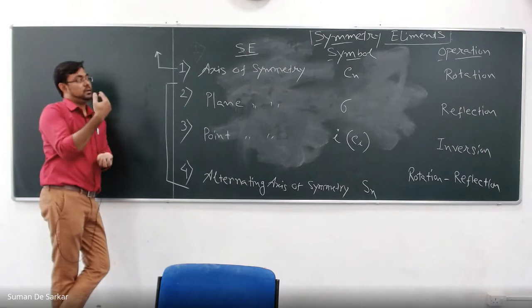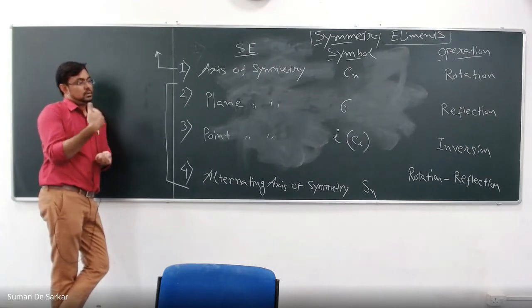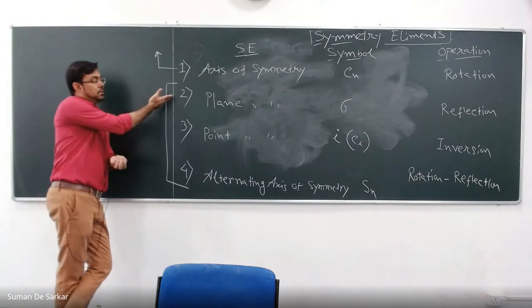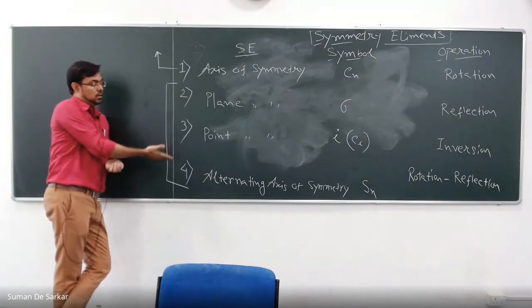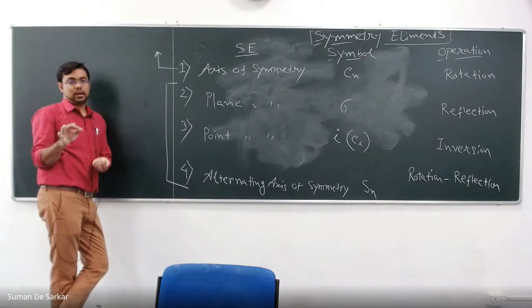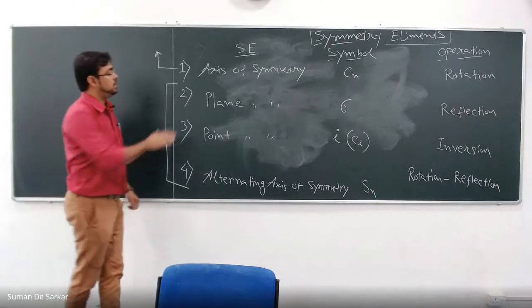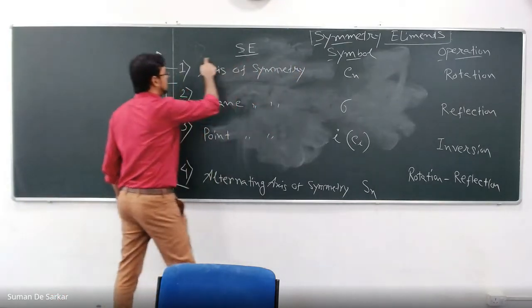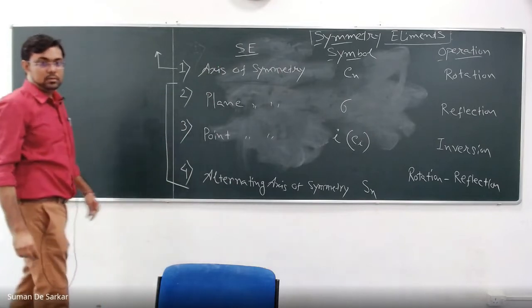If it has only Cn, that molecule can be chiral. But if a molecule has sigma or I or Sn, then only we can say this molecule is not chiral, this molecule is symmetric. Please keep in mind: axis of symmetry cannot decide the chirality of the molecule.